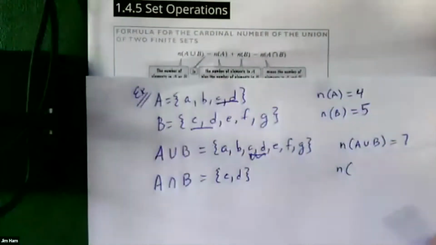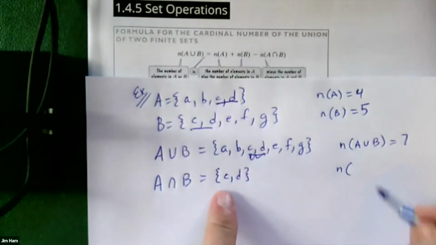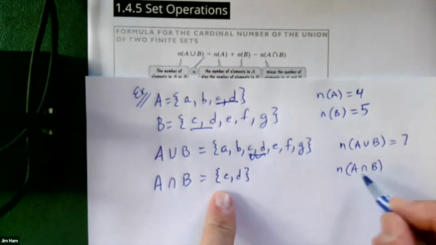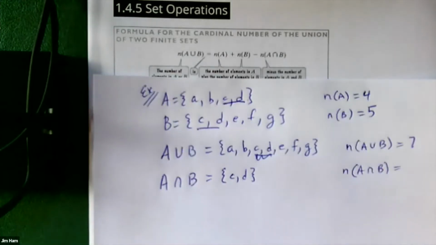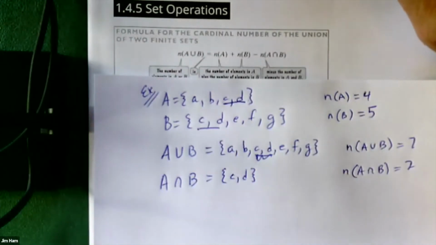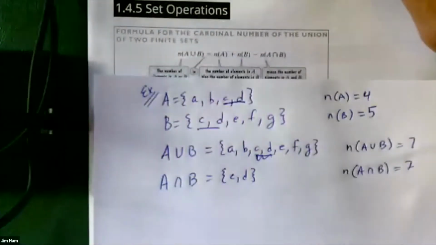So how many elements are in the intersection? 2. 2. So do you see how these messy symbols, whenever you have the N there, that just means you're counting up a number of elements. So yes, it's 2. And thank you all for writing down answers in the chat.